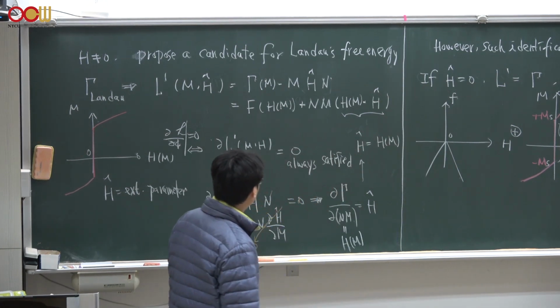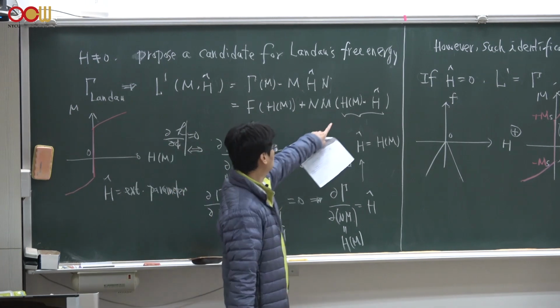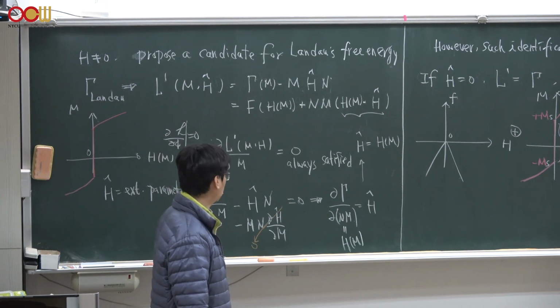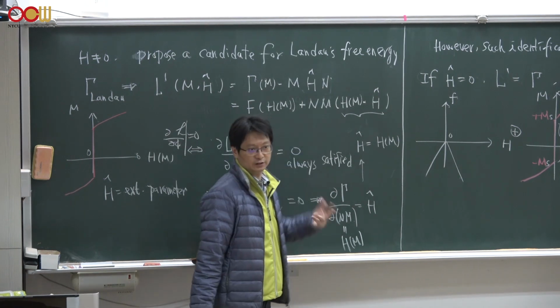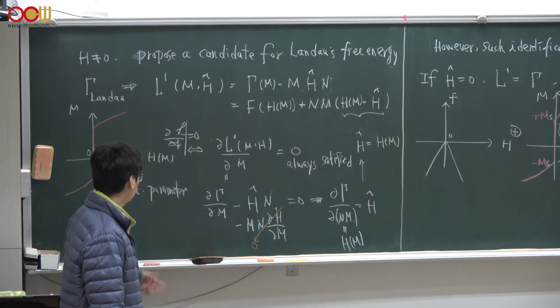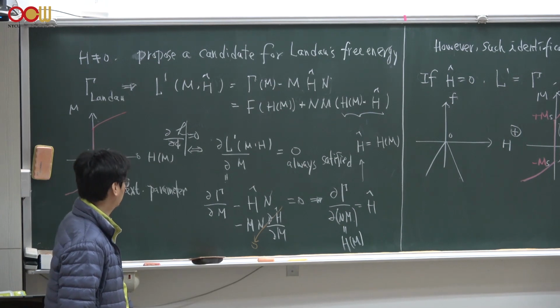Okay? So this h hat in general is an independent parameter from the field in the definition of a Gibbs free energy. Suppose that this h hat is an independent external field, and we will show later that in some simple cases this h hat is actually the same as the external magnetic field.